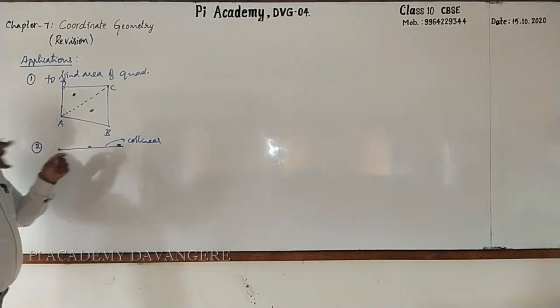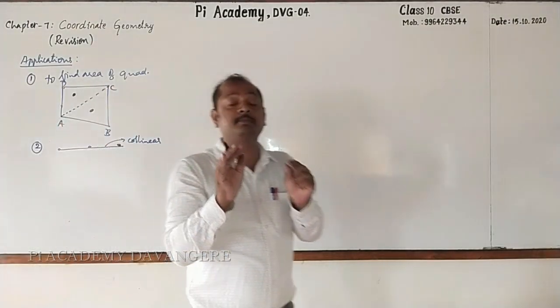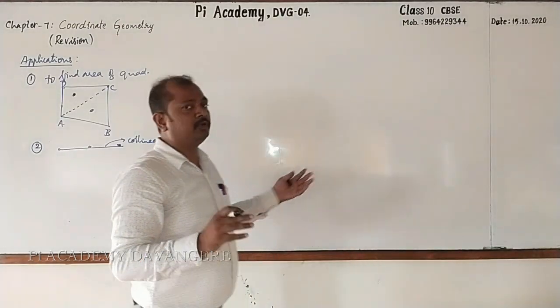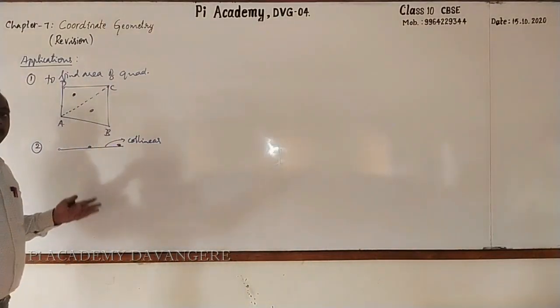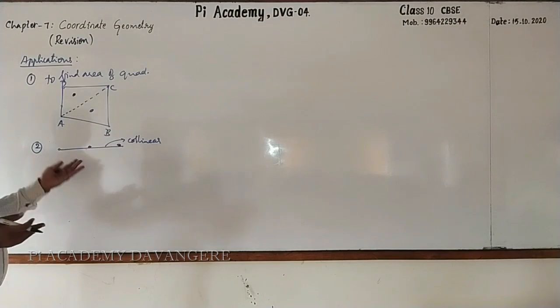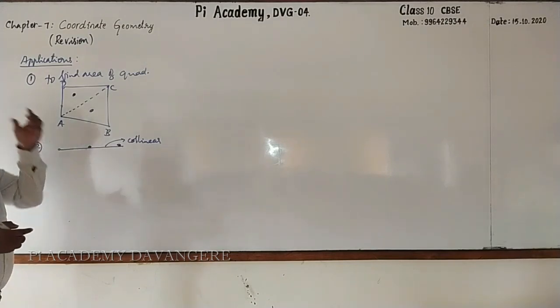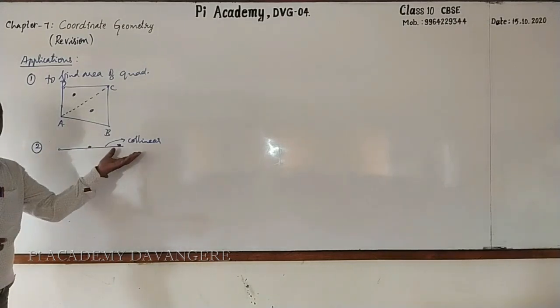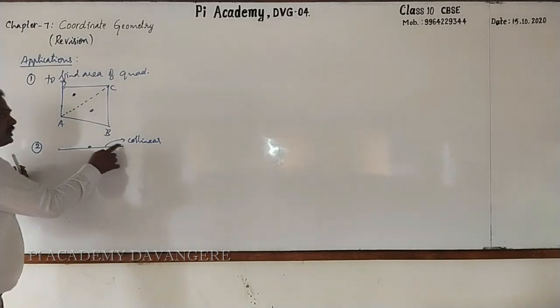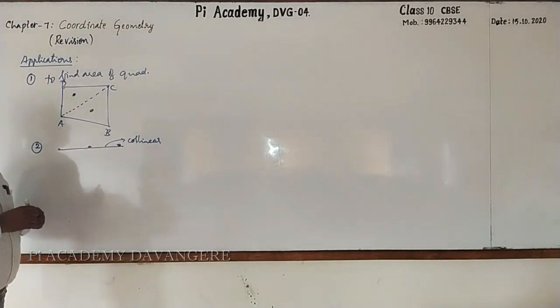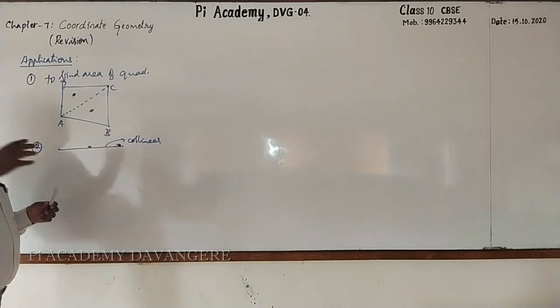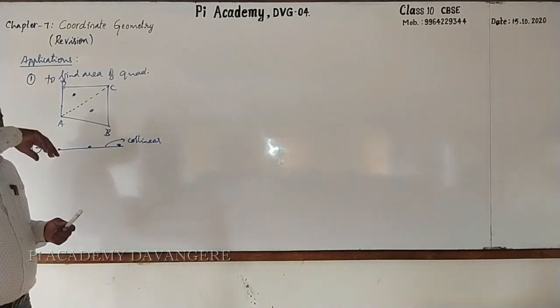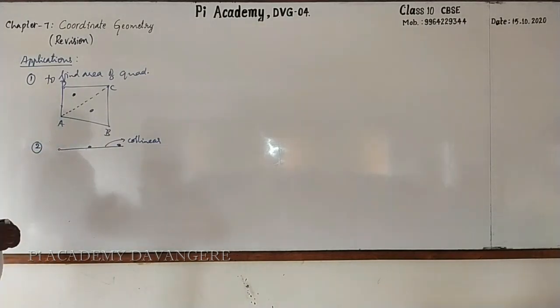If the points lie on the same straight line, is it possible to form a triangle by using these points? It is impossible. Hence, we can use the area of triangle formula to check whether the points are collinear. If the points are collinear, what will be the area of the triangle? 0. If the points are not collinear, then the area of the triangle will not be equal to 0.